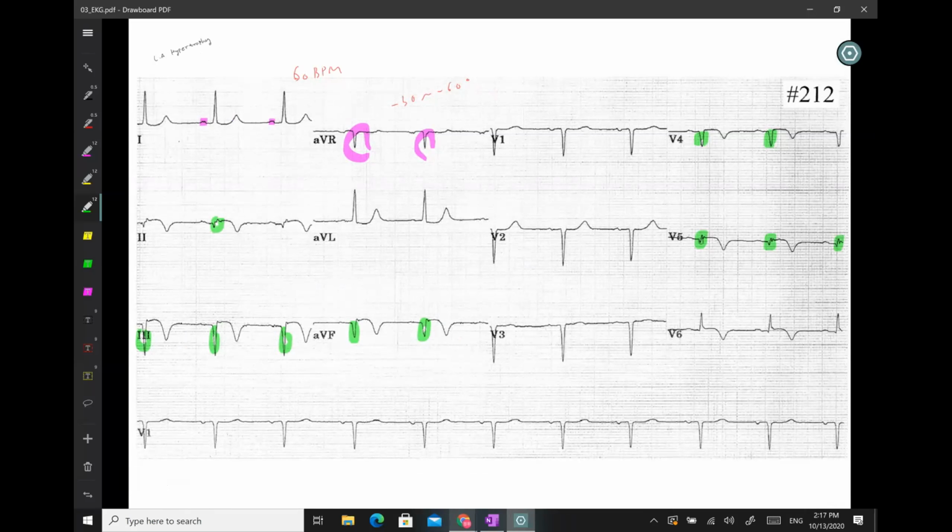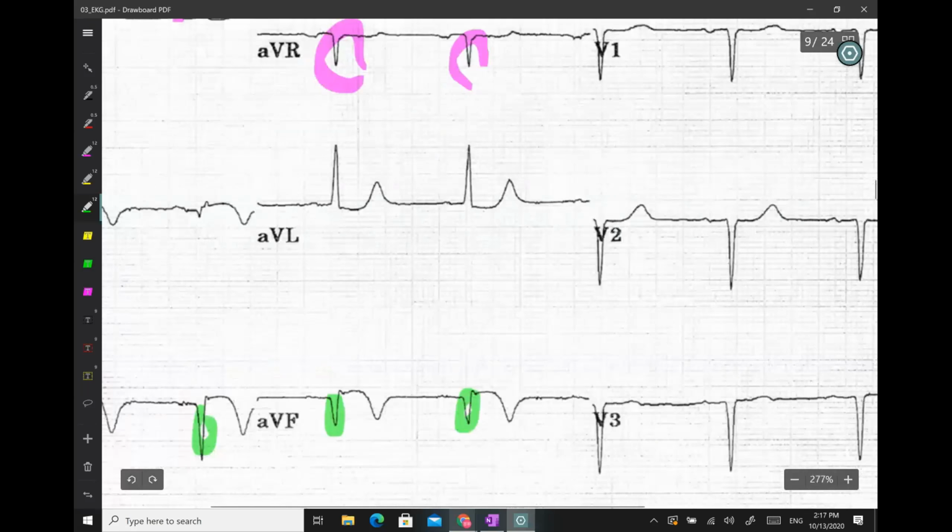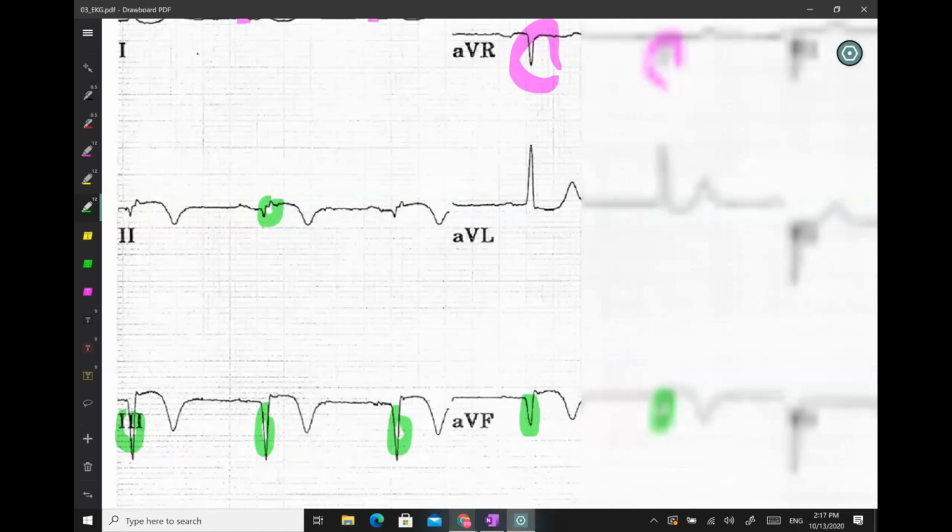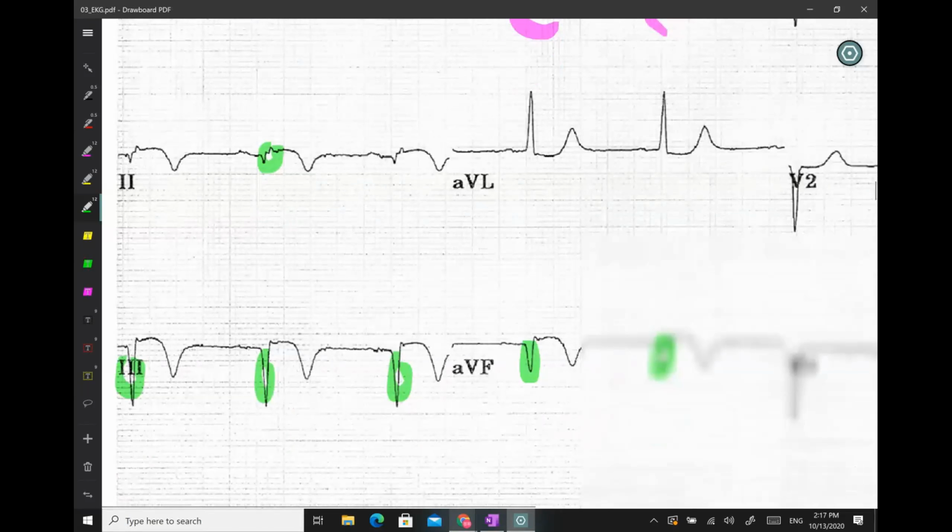So actually, I assume that is the old inferior myocardial infarction. Wait. Don't jump. Okay, let's zoom into leads 2, 3, AVF, because now we are interested in the ST elevation. Do we have ST elevation or not? How much should be the ST elevation in the limb leads?